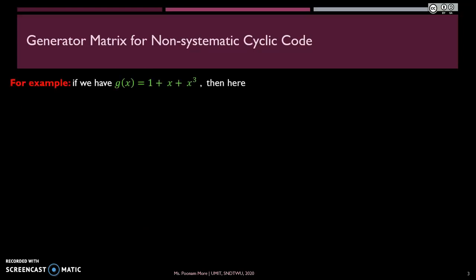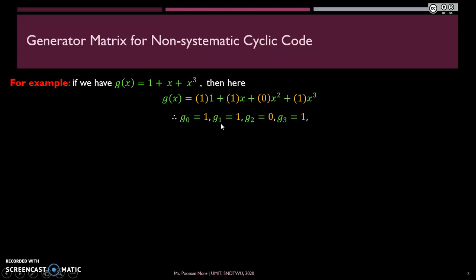Let's see the example. Suppose we have the generator polynomial given as 1 plus x cubed, then we can represent it in terms of its coefficients as shown over here. If you observe, as the x squared term is not present in the given generator polynomial, the coefficient of x squared is represented as 0, while for the other terms the coefficient is 1, and therefore the values for G0, G1, G2 and G3 can be found as shown over here.